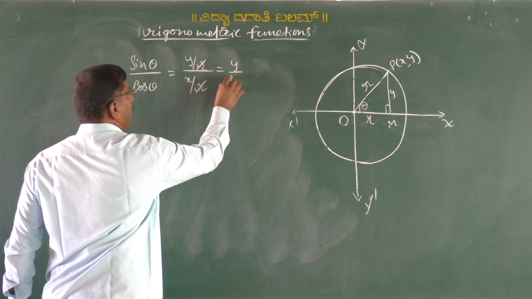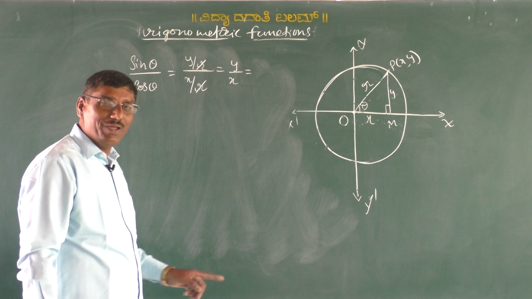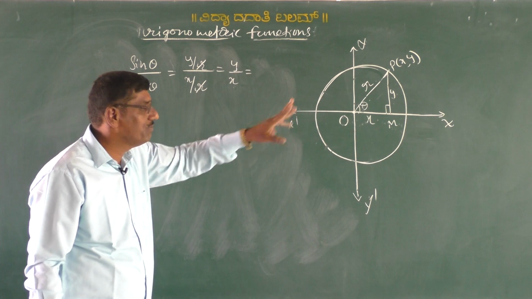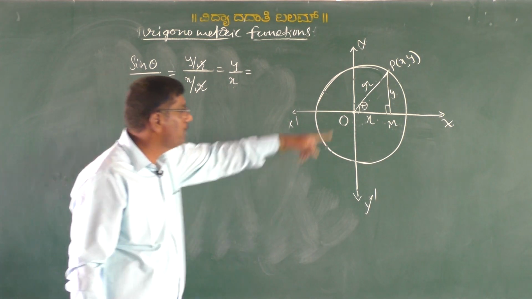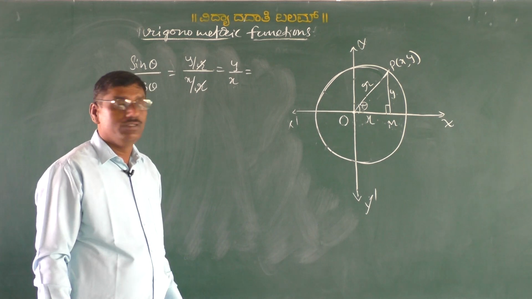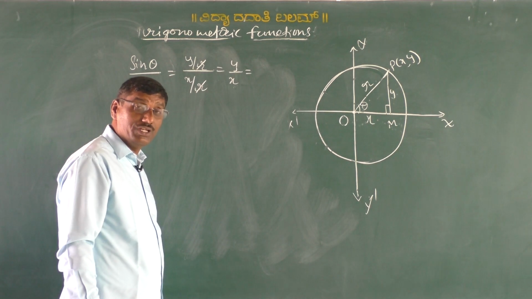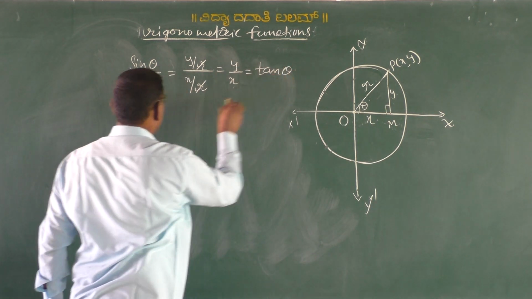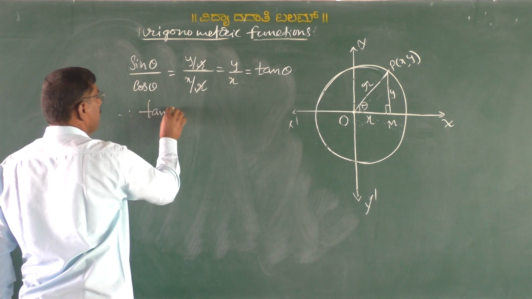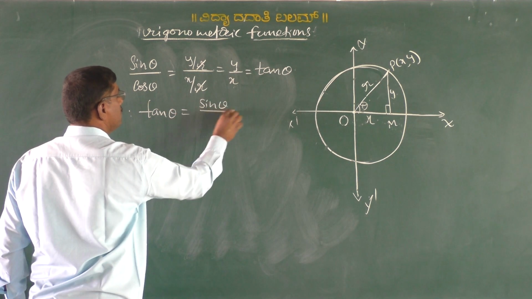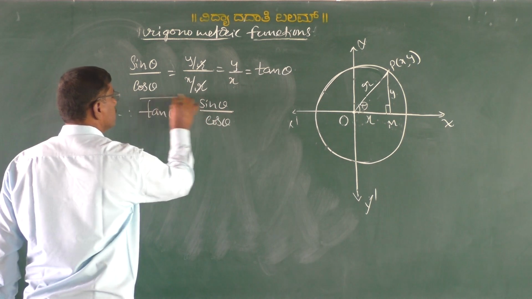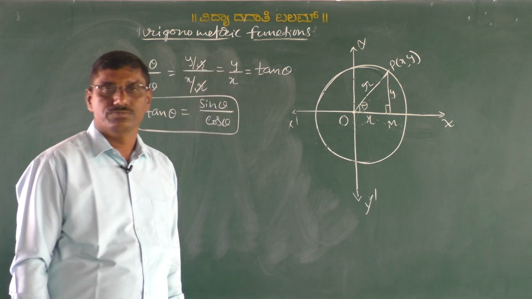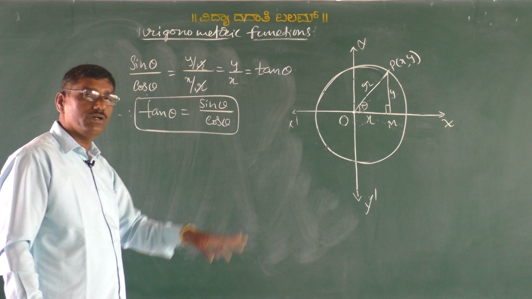This can be written as y by x, that is the opposite side divided by the adjacent, from this figure. This is the perpendicular, this is the base. This is y by x, which is tan theta. Therefore, tan theta can be written as sin theta by cos theta. This is another formula.